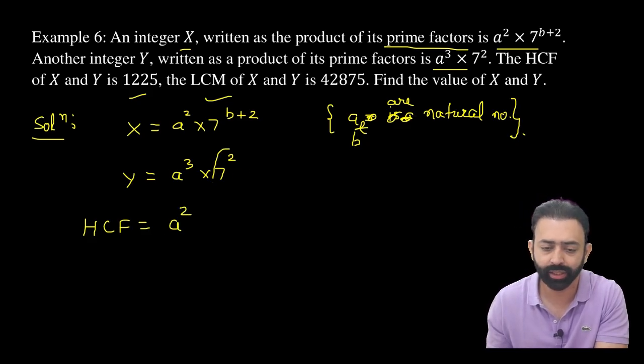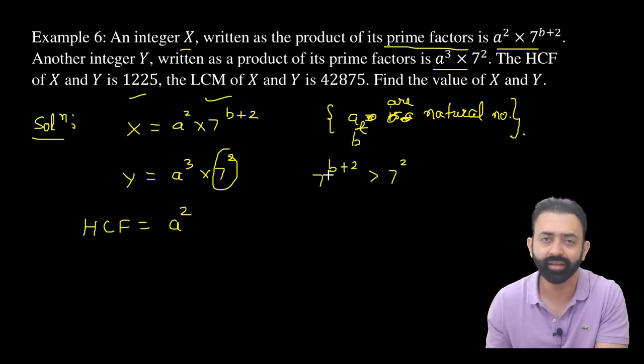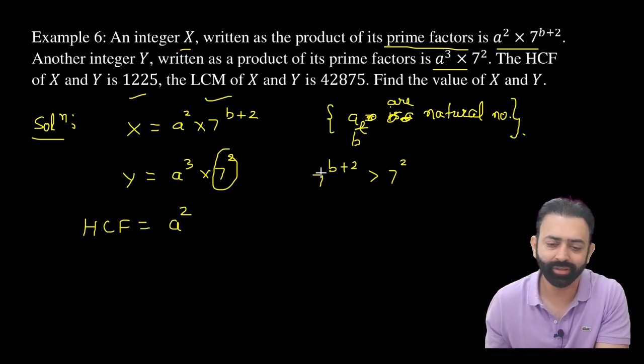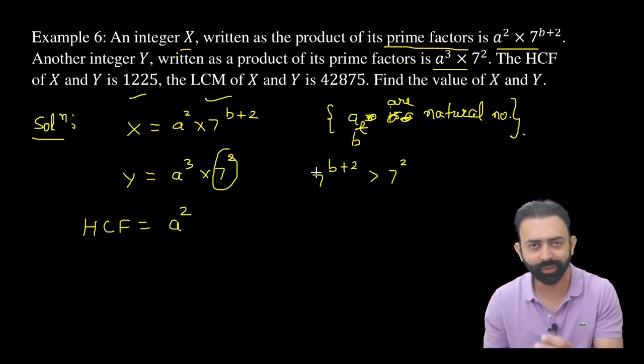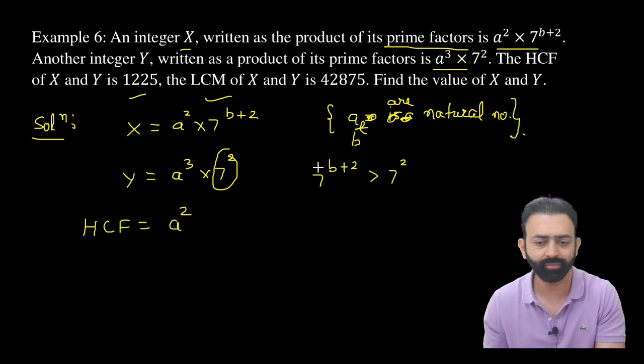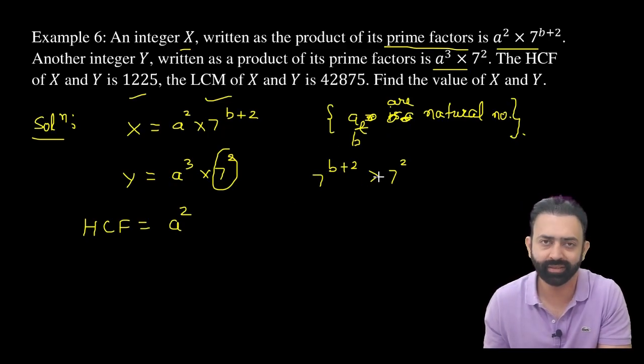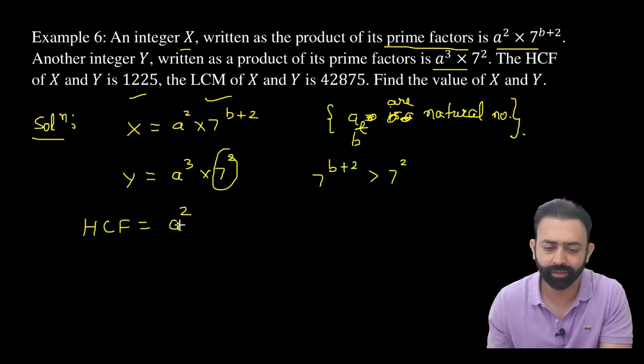And out of 7 square and 7 raised to power b plus 2, the latter is greater than 7 square, because b is a natural number, meaning its value is greater than or equal to 1. Having said that, this value becomes automatically greater than 7 square. So I will take the least exponent as 7 square.